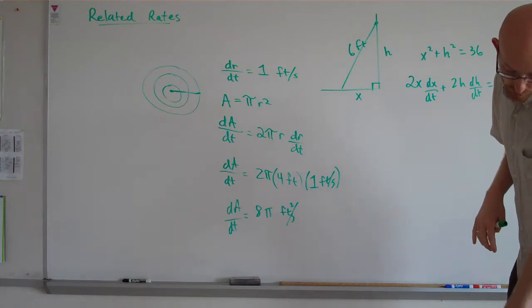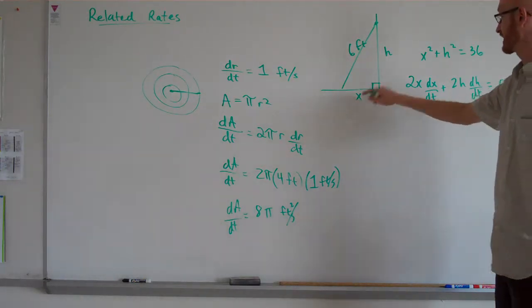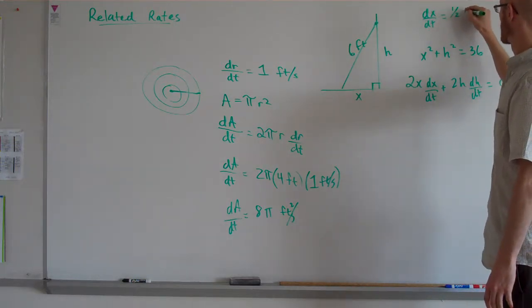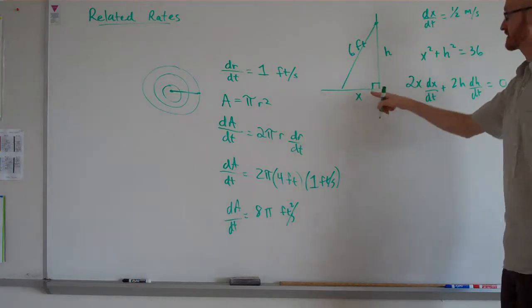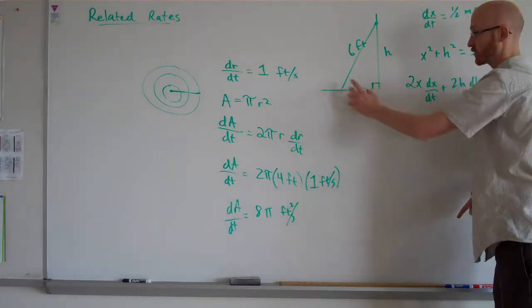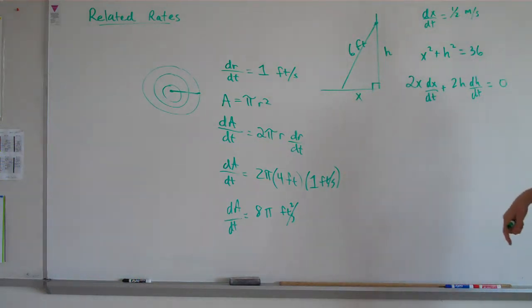So we're told a few things. The bottom of the ladder slides away at 0.5 meter per second. That's dx/dt. And notice it's positive because x is increasing. If you imagine this triangle, the bottom will be sliding out and the top will slide down.